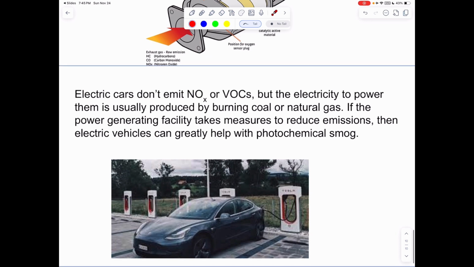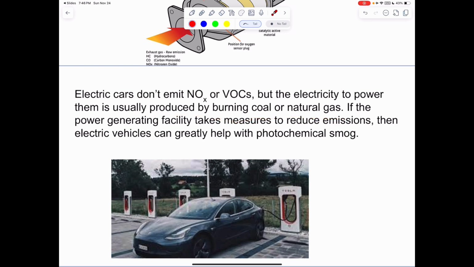And the last new revolution that has been very helpful with reducing our nitrogen oxides and our VOCs is electric cars. Electric cars do not have an exhaust. They do not combust anything. However, we do have to consider that the electricity that is needed to fuel them was produced by burning coal and natural gas.